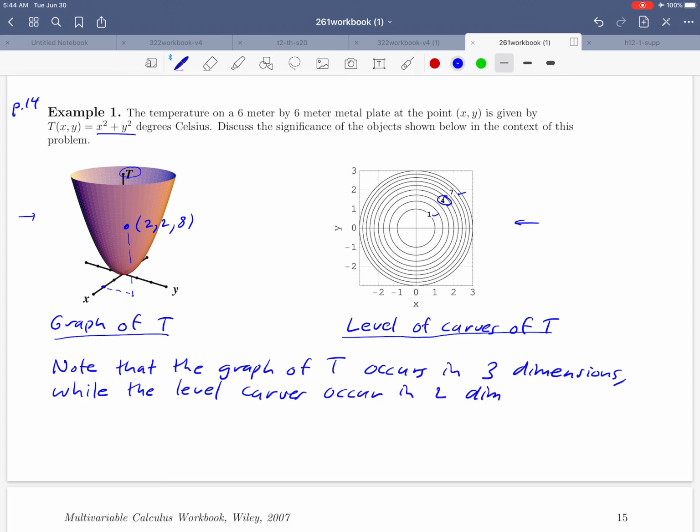So a contour plot is a way of taking a 3-dimensional graph and breaking it down into a 2-dimensional representation. That's example 1.